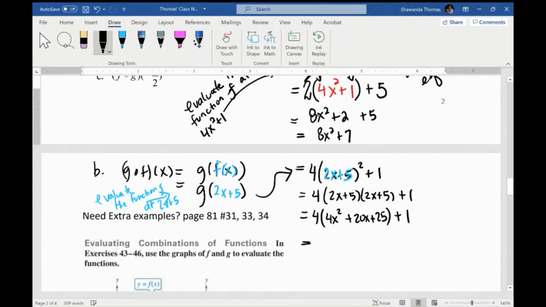Very good. Then we're going to distribute the 4 times everything we just wrote down, which is 16x squared plus 80x plus 100. Don't forget the plus 1, which is 16x squared plus 80x plus 101.